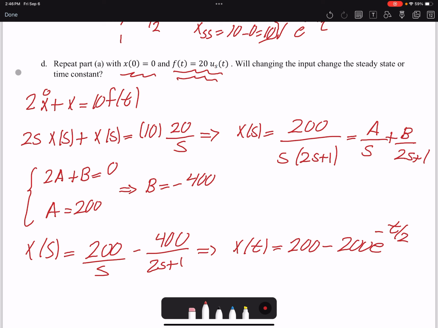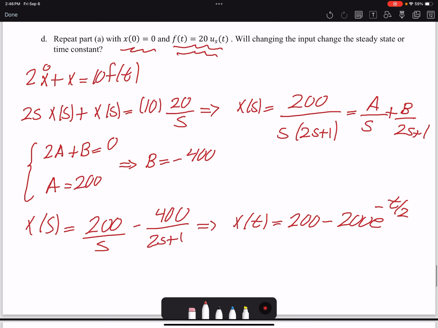So the steady state response will change, but not the time constant. Tau would be 2 seconds. The steady state response would be 20. Simply, if t goes to infinity, you will find out that x(t) would be 20.